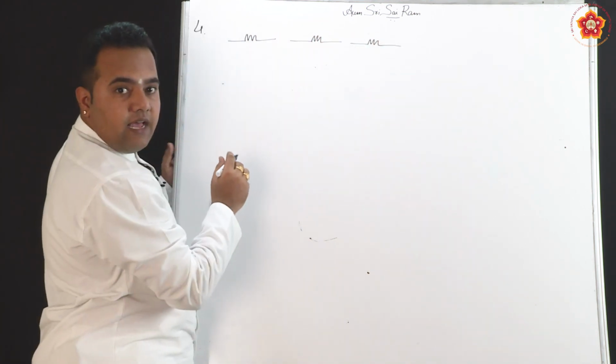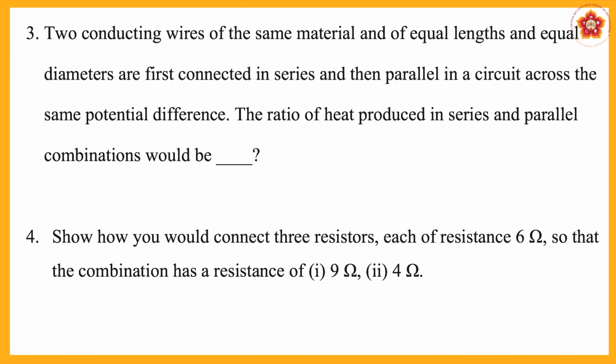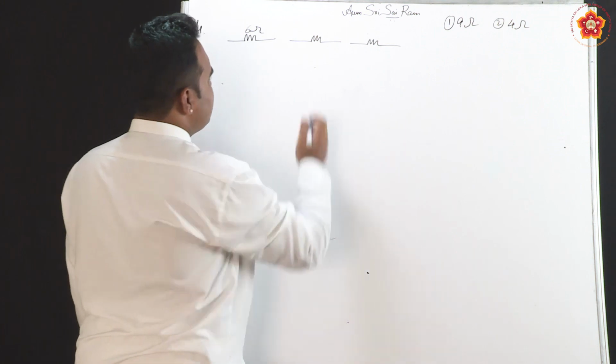They are asking us to calculate how we should combine all of them, series or parallel, so that we get an effective resistance of 9 ohms in case 1 and 4 ohms in case 2.